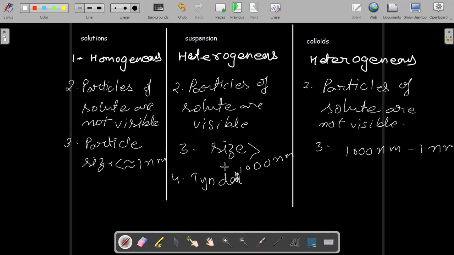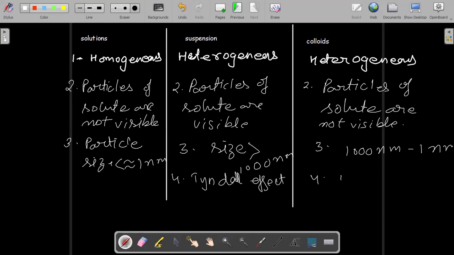You are mistaken over here. Everyone pay attention. All the colloids show the Tyndall effect, whereas homogeneous mixtures do not show the Tyndall effect.